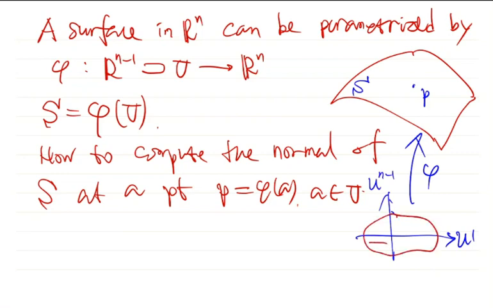This is our U. The point P corresponds to the point A here. How to compute the normal vector of S at this point P? We will solve this problem next time.